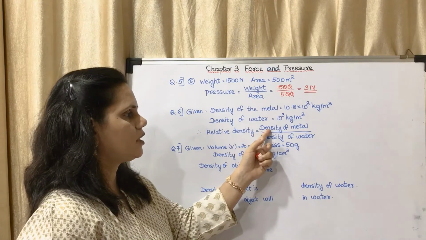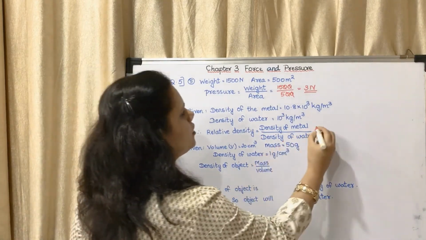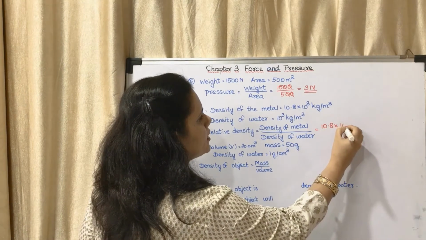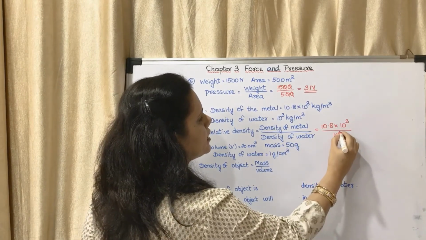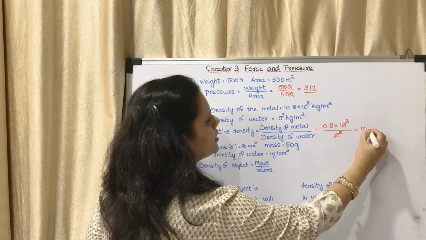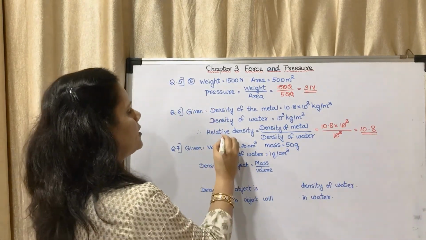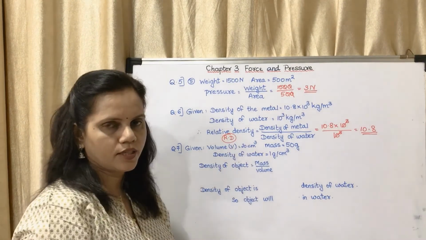Relative density is equal to density of metal upon density of water, 10.8 into 10 raised to 3 upon 10 raised to 3. These both will get cancelled and you will get 10.8. Now you may notice that relative density does not have a unit.